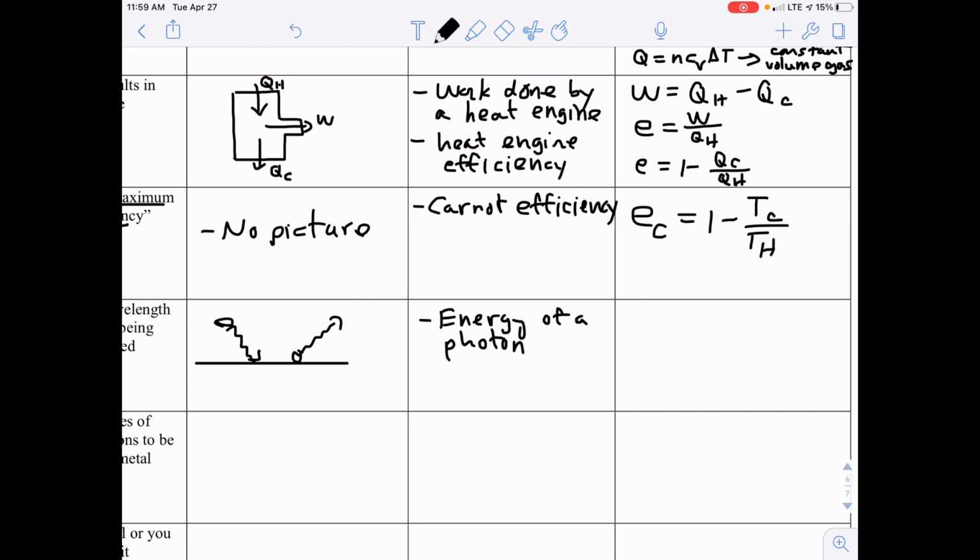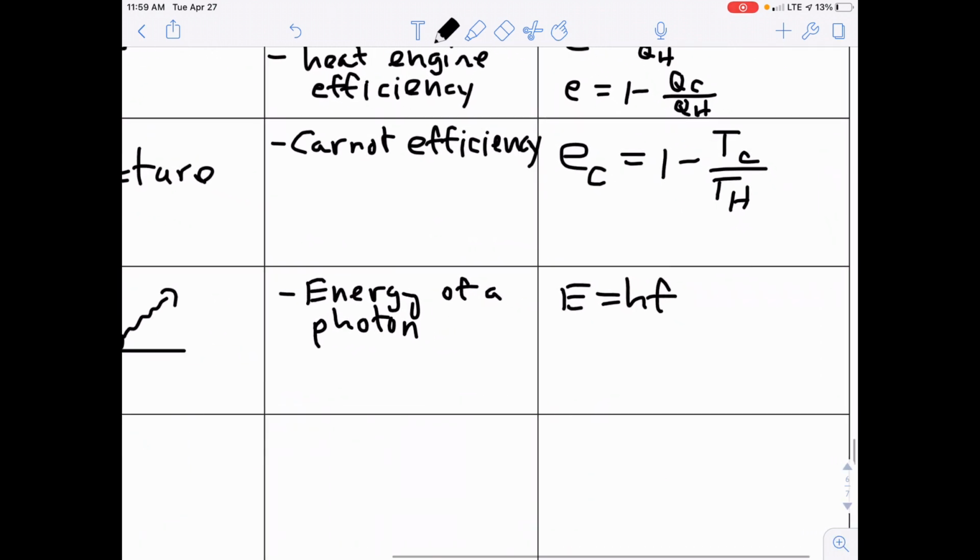Two equations work for this: the energy of a photon is directly proportional to the frequency, and so E is equal to h times f. Recall that the frequency is equal to c over lambda; the speed of light is frequency times wavelength. Therefore, if we replace frequency, we get E equals hc over lambda.